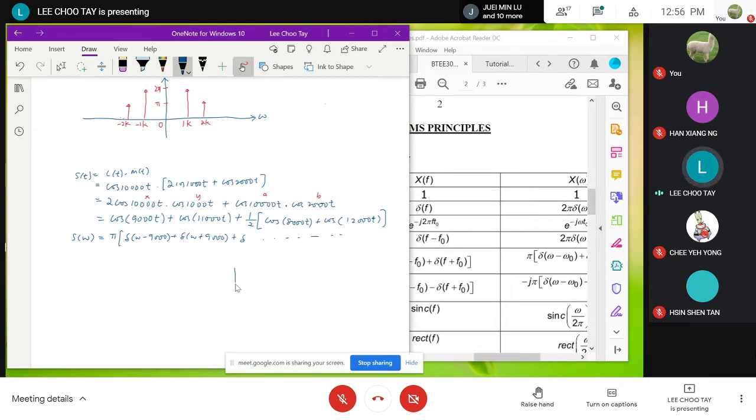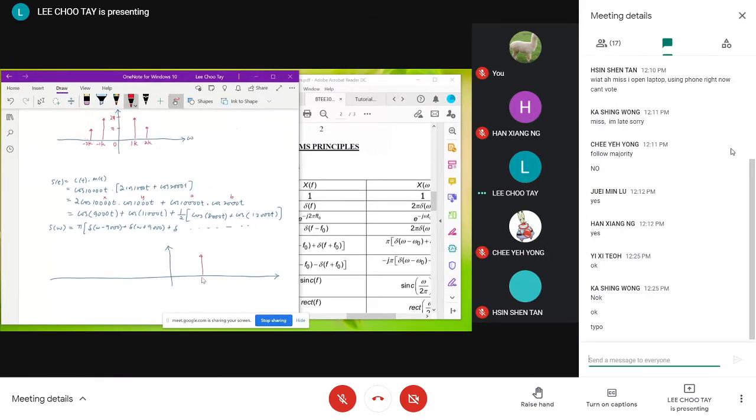So if you were to draw the spectrum, for cosine 9000, I'm going to have one impulse at 9K, another one at minus 9K, and the amplitude is π.